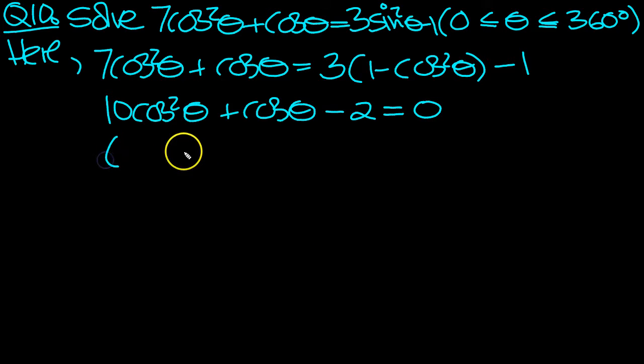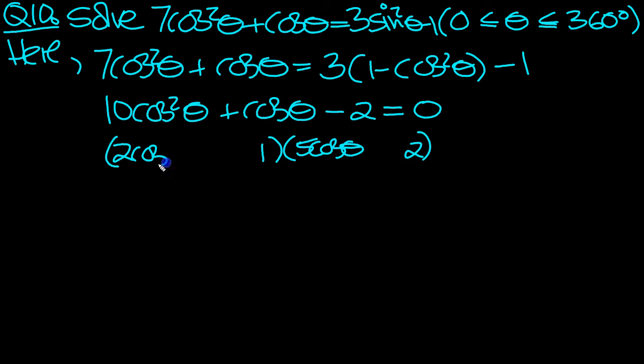So what have we got here? Well, it's going to have to be 2 and 1. 5 and 2. 5 cos theta here has to be here because we need a 4 cos theta, don't we? So it's plus and minus.